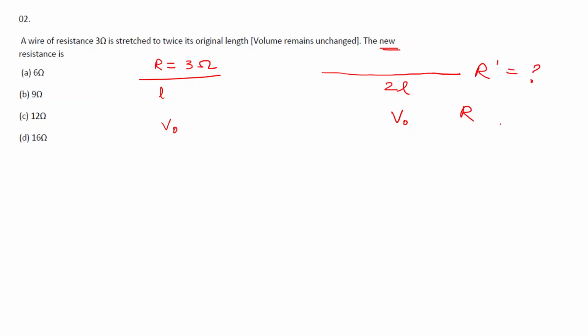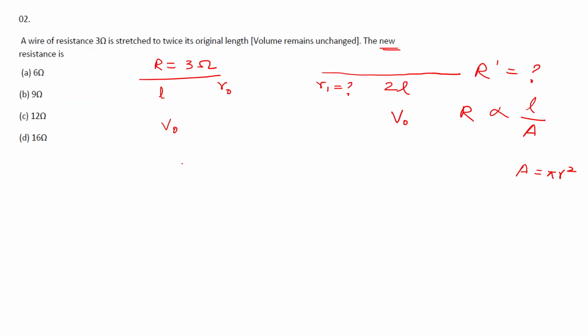We know resistance is directly proportional to length and inversely proportional to area, and we know area is pi r square. So we need to find out how the radius has changed. Earlier, if the radius was r0, then what is this r1? One thing we know is volume is same, and volume of wire is like a cylinder, as we had discussed earlier several times.